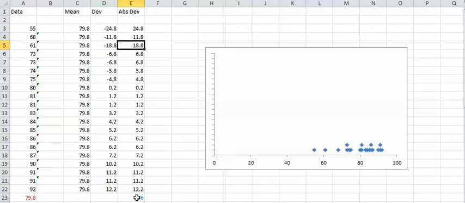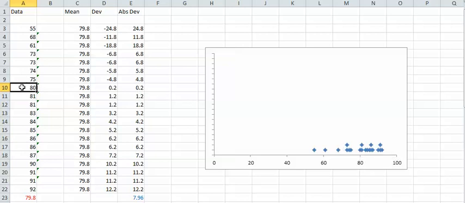Now let's take maybe this value right here, which is 80, and move it further away from the mean. Maybe let's move it down to 73. So right now, this value of 80, which we see right here, is really close to the mean. It's only 0.2 away.